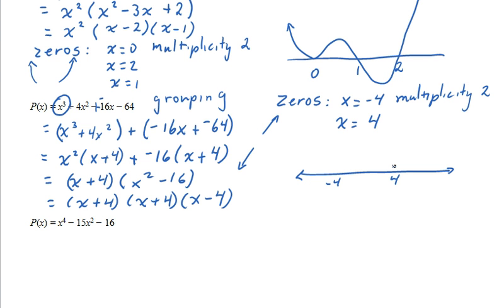The curve is going to come up to the x-axis to the smallest x-intercept, which has multiplicity 2, so it's going to be tangent to the x-axis at negative 4. It's going to bounce off, go back down below the x-axis, and finally cross through the x-axis at 4.